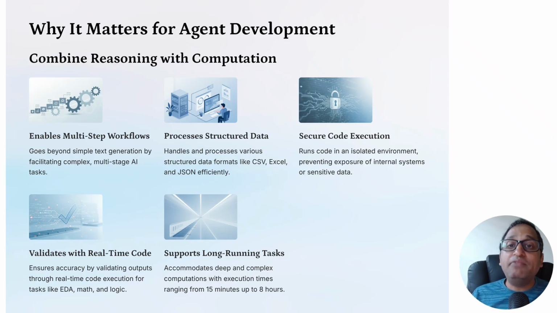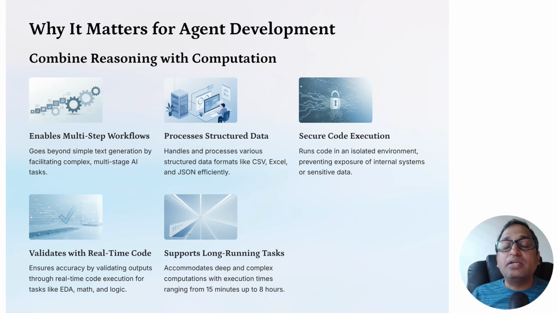So by having a code interpreter tool, the agent in real time can perform the data cleaning. For example, you are passing some data and the agent wants to make sure that before it can process that data, it has to remove some null values, remove some special characters. So the agent can do all these operations on the fly, while it is trying to answer some questions or perform some action for the user.